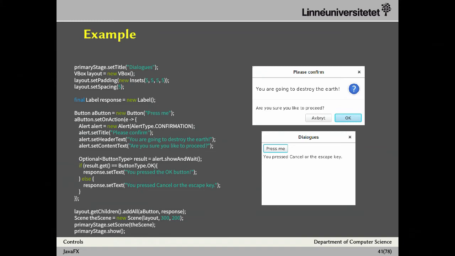So it fires up the alert and it waits for the return, and it checks if the result that .get is of button type OK, then it will show you press the OK button. Otherwise, you press cancel or escape. We could also check for it having no value at all, not being present, if we like.